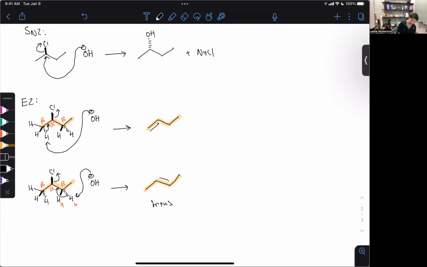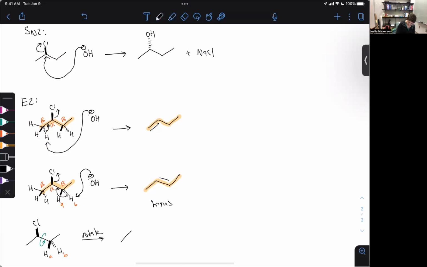So then let's look at what we need to do to get HA. I should have copied it, but let's. Okay, so we've got A, we've got B. So we already saw the product from B. So let's go ahead and do a bond rotation because we need to rotate it in order to get the chlorine and HA in the anti-conformation.